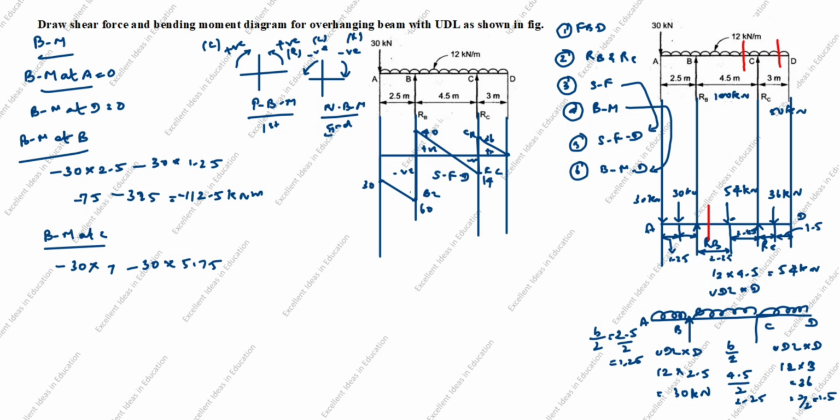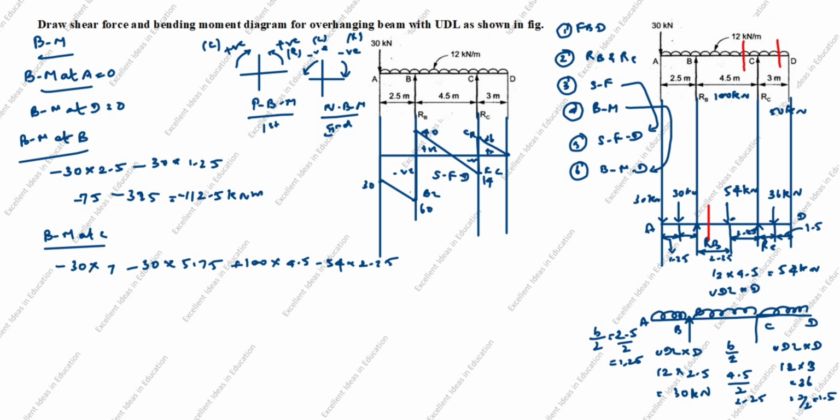Next, take this arrow from here to here. It goes clockwise. Clockwise is positive. Plus 100 into perpendicular distance from here to here, 4.5. Next, you take this force from here to here, it is anti-clockwise. Anti-clockwise is negative, minus 54 into perpendicular distance from here to here, 2.25.